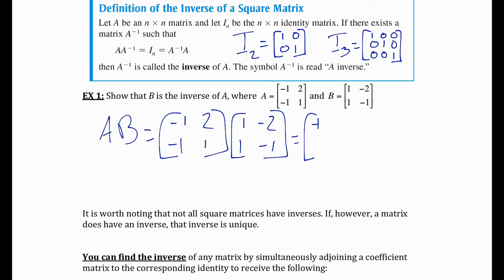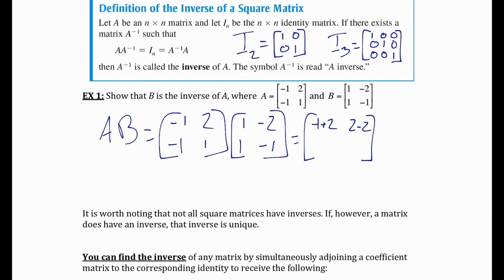Then we add 2 times 1, so it's going to be -1 plus 2. Now we do the first row multiplied by the second column: -1 times -2 gives us +2, plus 2 times -1, in other words, -2.